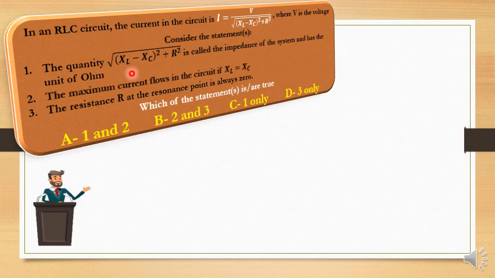Now we check option 2, or statement 2, which says the maximum current flows in the circuit if XL equal to XC. Like I said already, XL means the reactance of the inductor, and XC means the reactance of the capacitor.